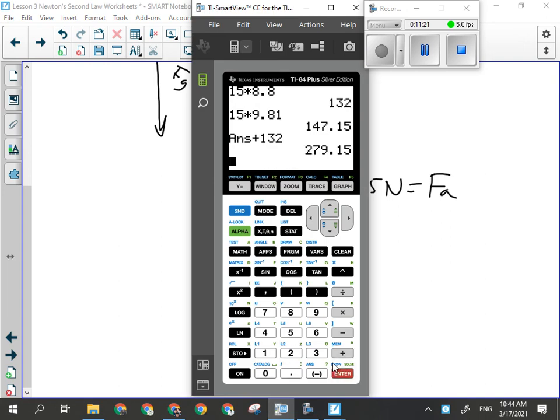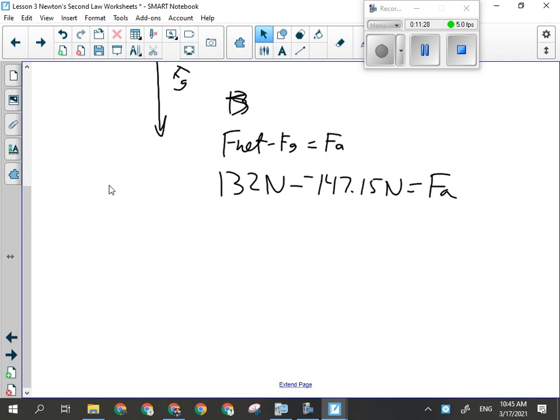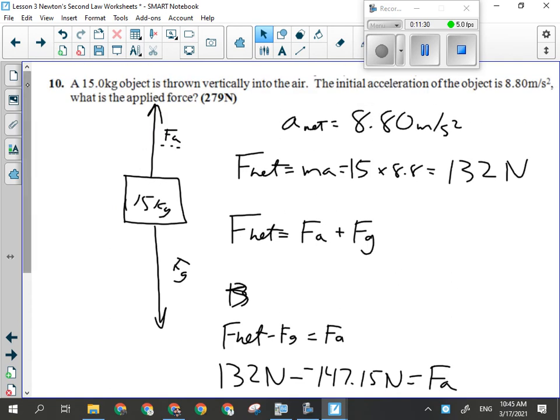My applied force is 2.8 times 10 to the 2 newtons up, or maybe it's 279. I don't remember how many significant digits were in that answer. Okay, 279 newtons, and that should be up. That needs to have a direction on it because it's a vector.